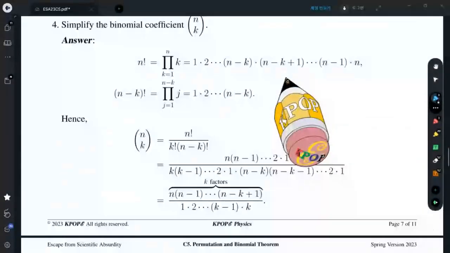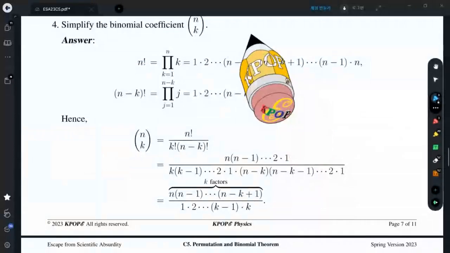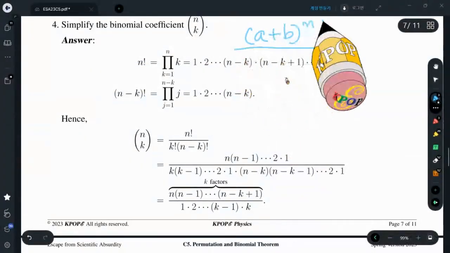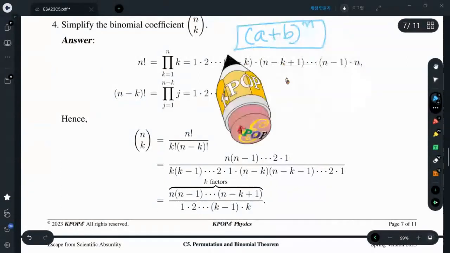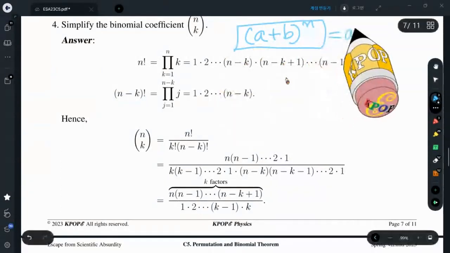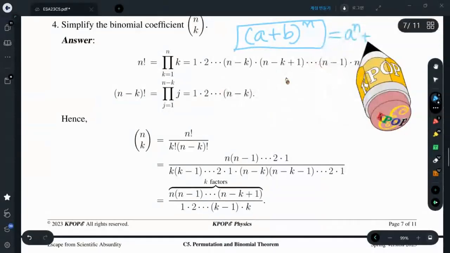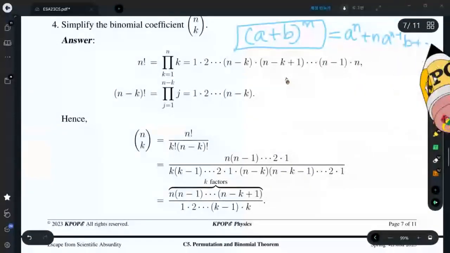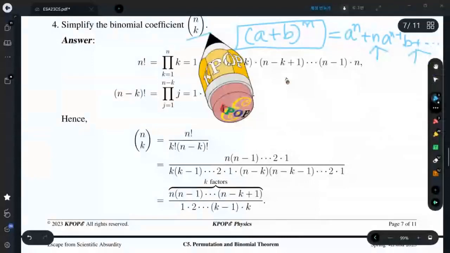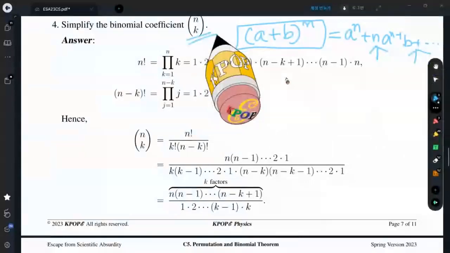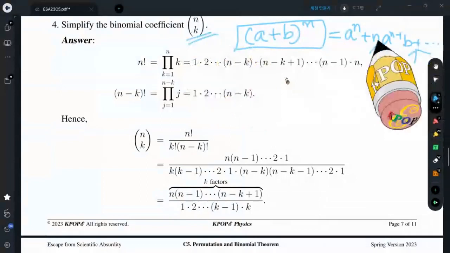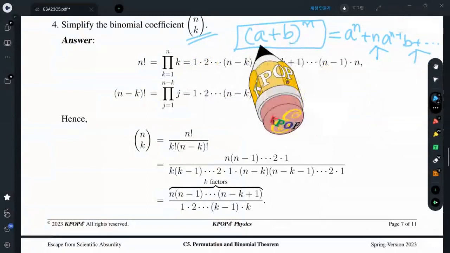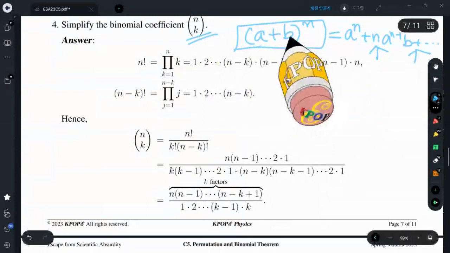Simplify the binomial coefficient. The binomial coefficient is obtained by expanding this polynomial. You know it is a to the n, n a to the n minus 1 b, and so on. These coefficients are called binomial coefficients. It's the coefficient of a binomial: there are two terms to be added, so two terms.